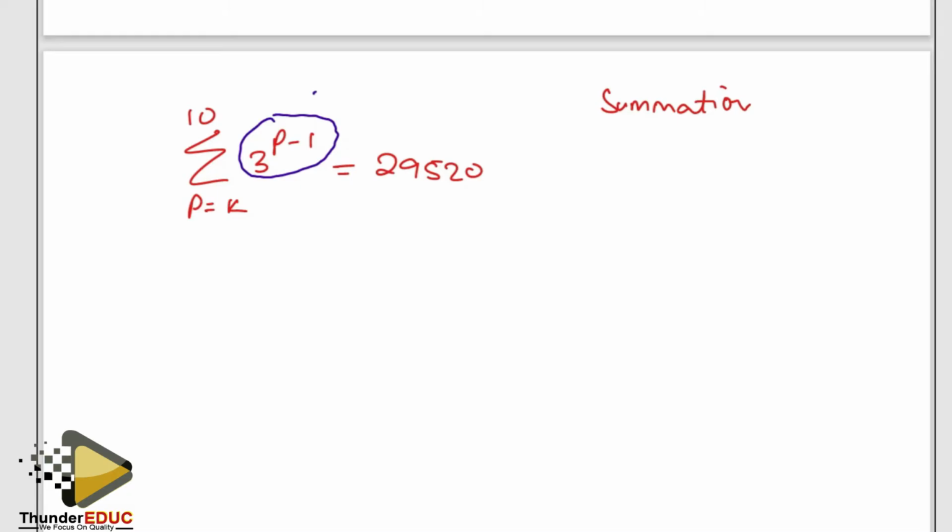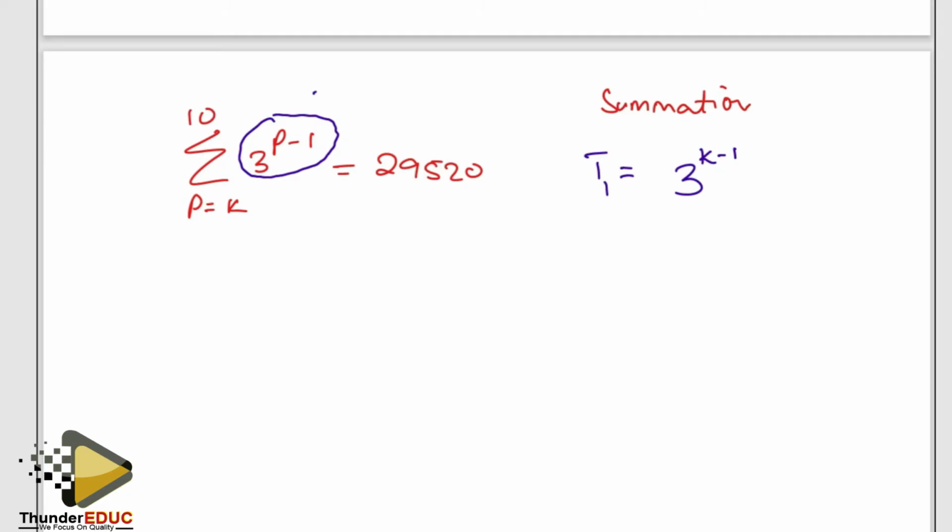In this case, we're dealing with a geometric sequence. So how are we going to play around with this? Number one, I need to find my first term. That is when p is equal to k. So t1 is going to be 3 to the k minus 1. That is my first term.